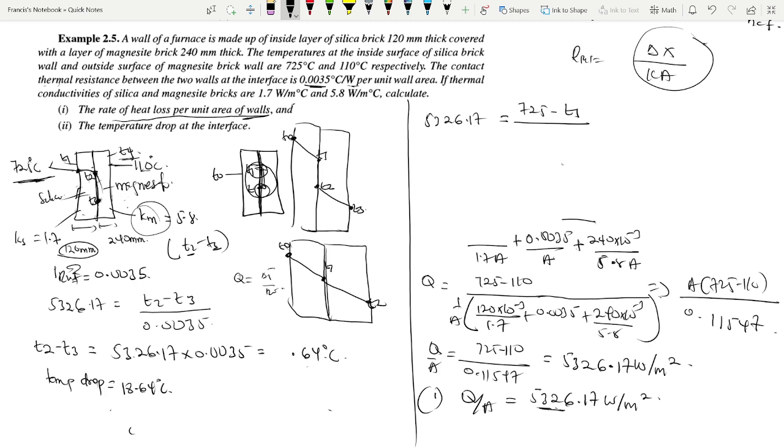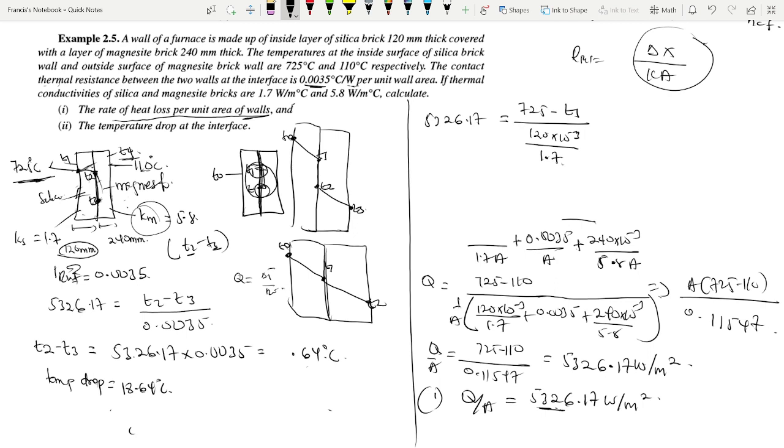the resistance here, which is a thermal conducting resistance, right? So we have change in X over K, and our change in X is 120. So 120 times 10 to the power minus 3 all over our K, 1.7. It's per area, so the area will multiply this and then everything cancels out.